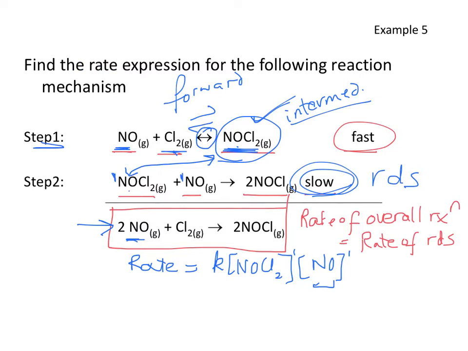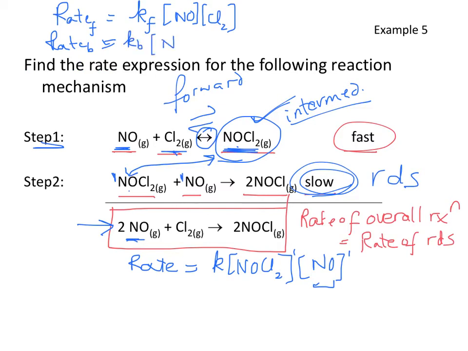So let's write down what we know about the forward reaction. Let's say it was the rate of the forward reaction that we were writing. I would say that would be equal to k forward times concentration of NO times concentration of Cl2. And if you had to write down the rate of backward, that would be k backward times concentration of NOCl2.